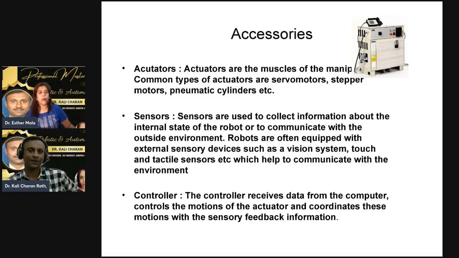Another is the sensor, which senses the environment. For example, in a train we use a smoke sensor. If any smoke is detected, the sensor gives the alarm, and the authority will be alerted that a fire has caught or smoke is coming in this particular bogie.